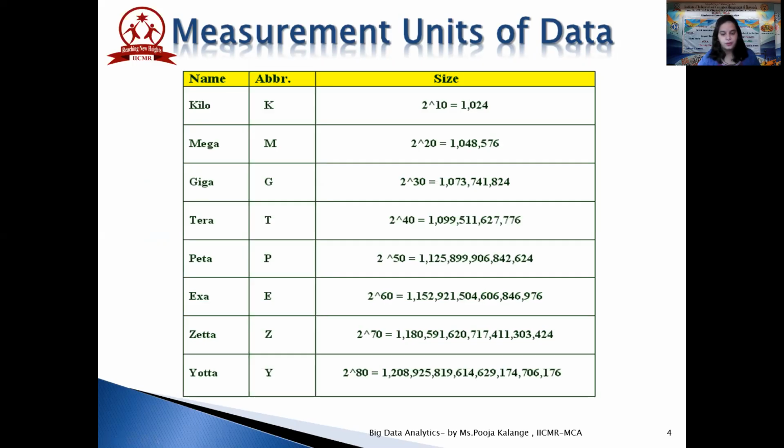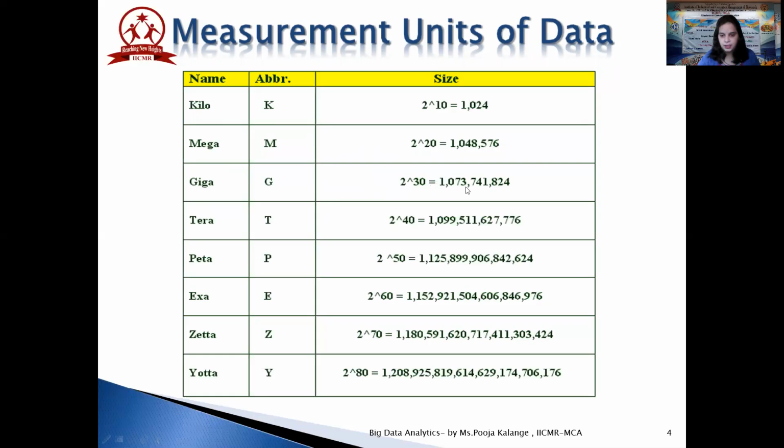So 2 raised to 0, 2 raised to 1, 2 raised to 2, 2 raised to 3, right? This is the kilobyte, which is 2 raised to 10, that is 1024 bytes. Then comes the megabyte, which is 2 raised to 20. You can see the number written here, 1048576.